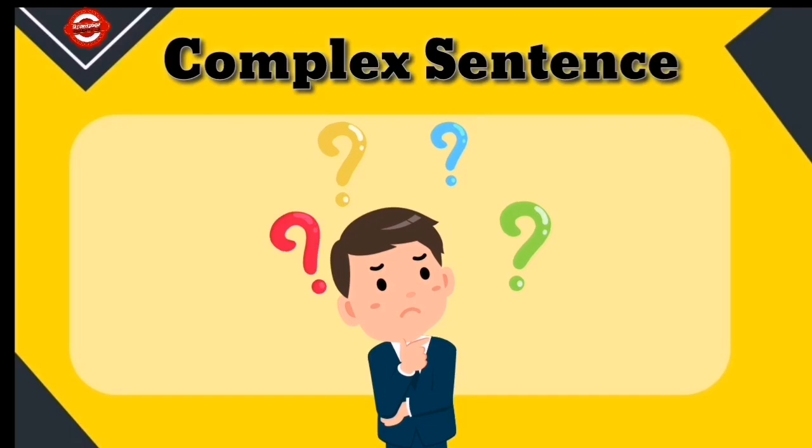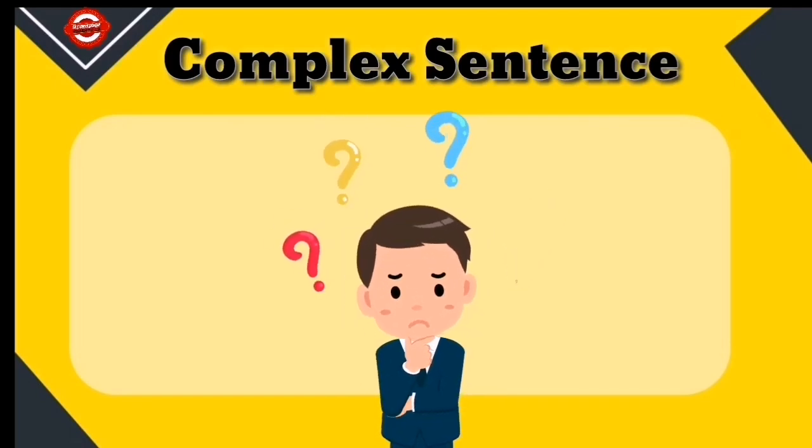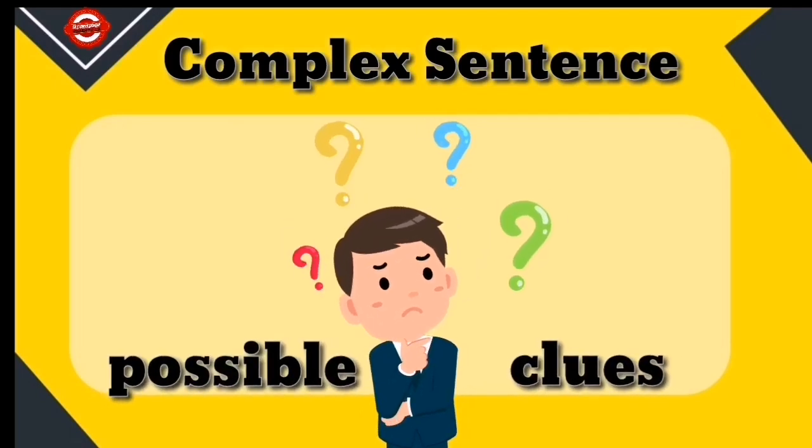Now, if you find it difficult to locate a dependent clause in a sentence, you need to familiarize yourselves with the possible clues that signal the presence of a dependent clause.